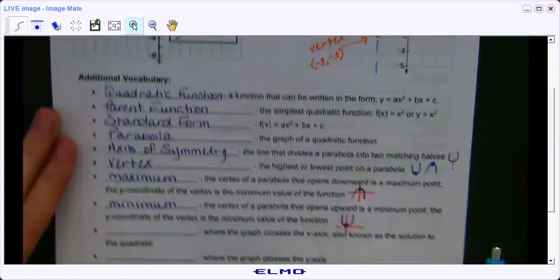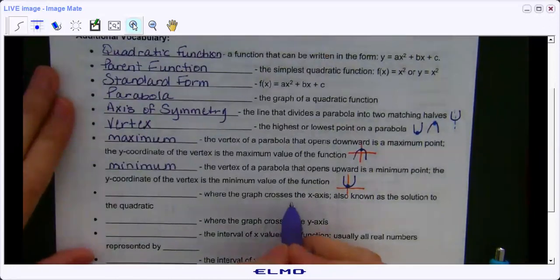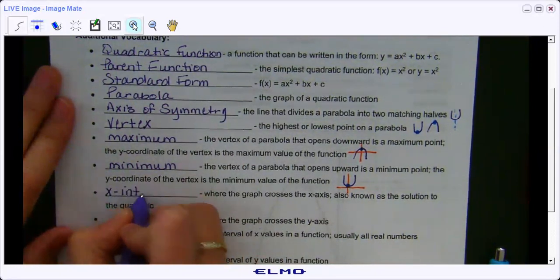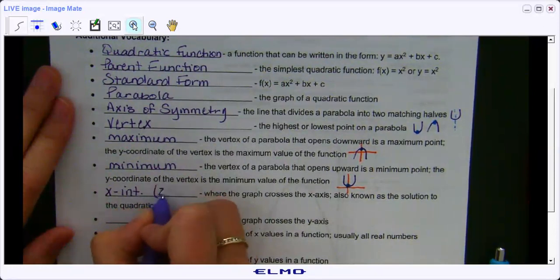So the next vocabulary word is where the graph crosses the x-axis, also known as solutions to the quadratic. You will see this written two ways: as your x-intercept, also known as zeros.